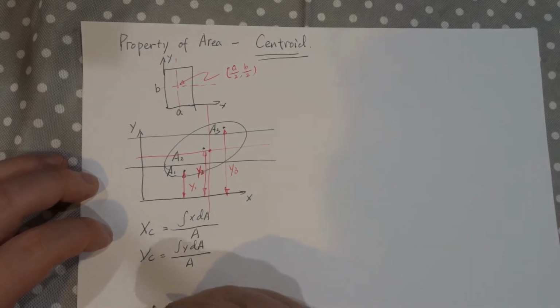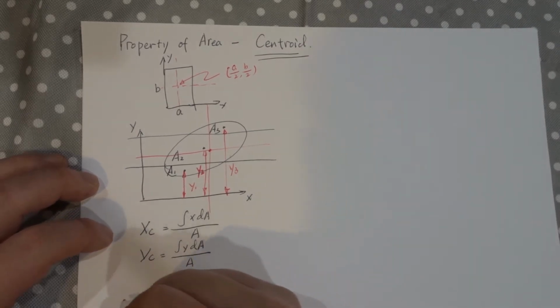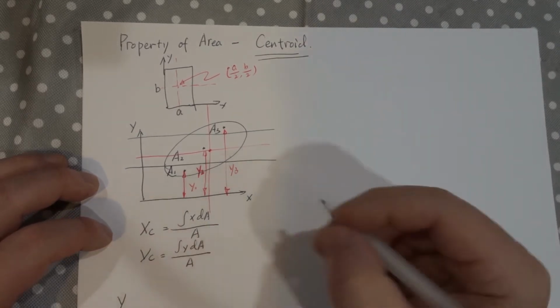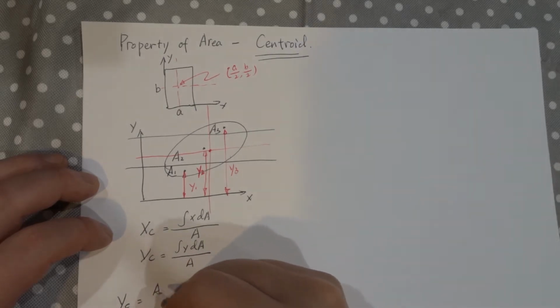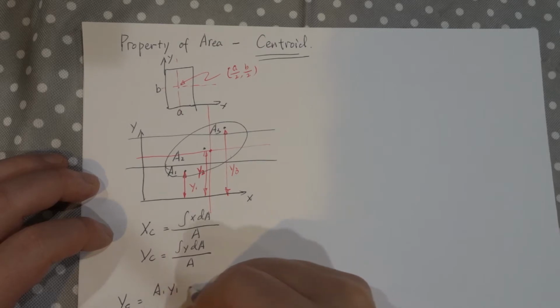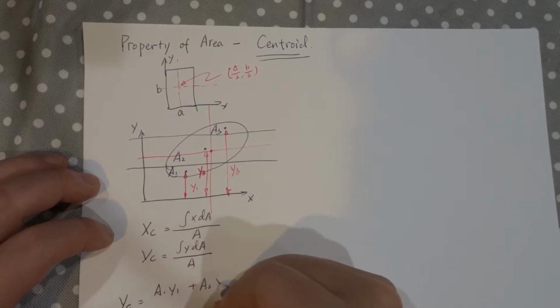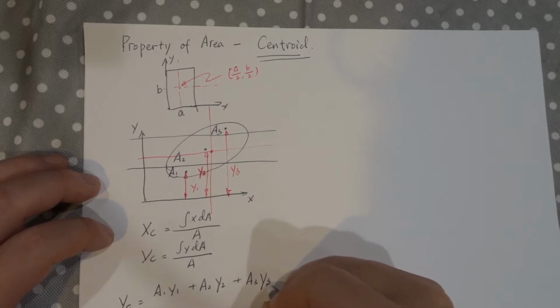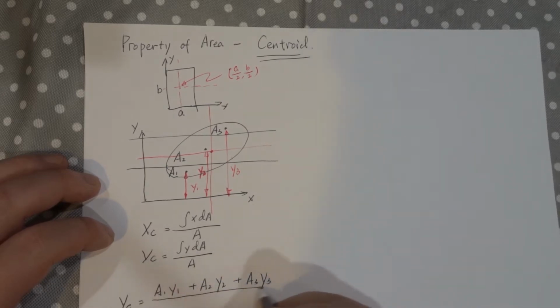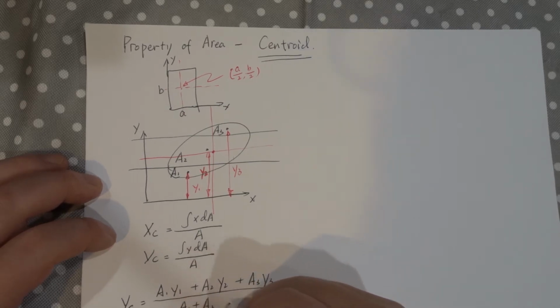Now I'm going to calculate in the y-axis first. It's simply going to be equal to A1 y1 plus A2 y2 plus A3 y3, all 3 pieces over A1 plus A2 plus A3.